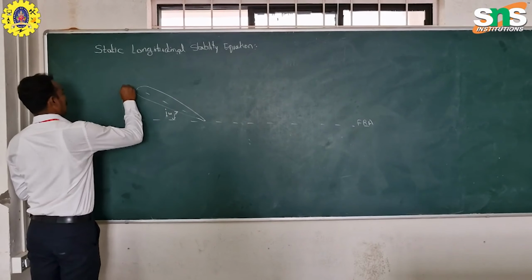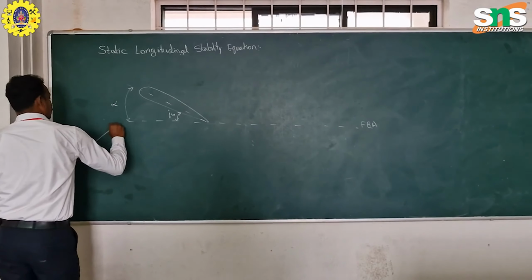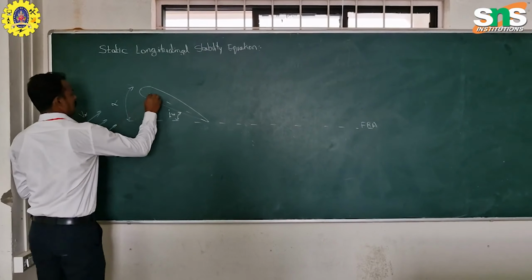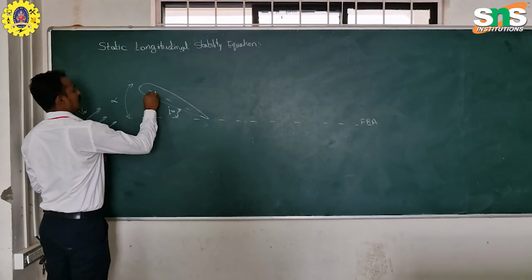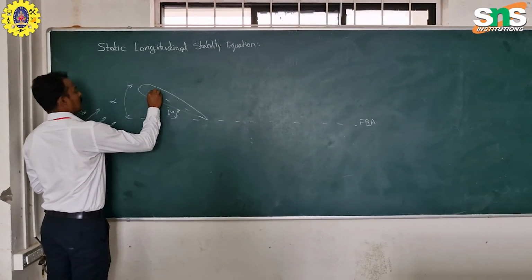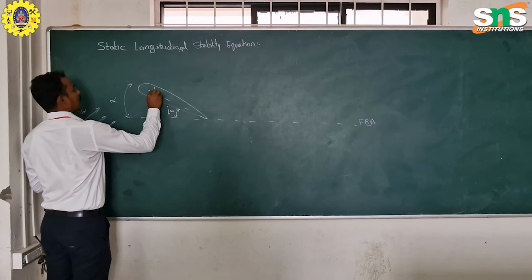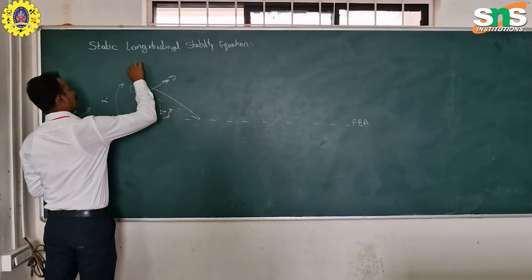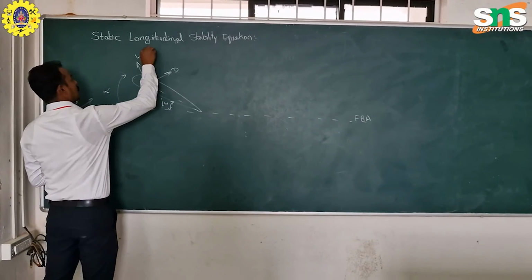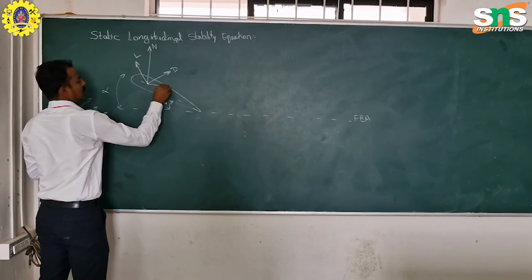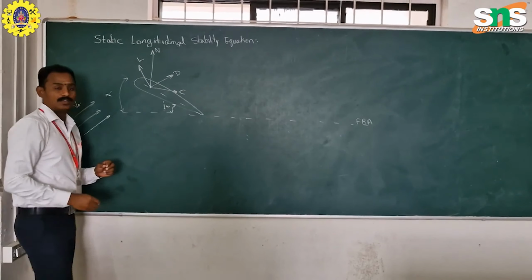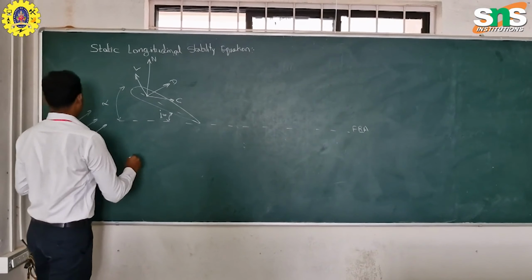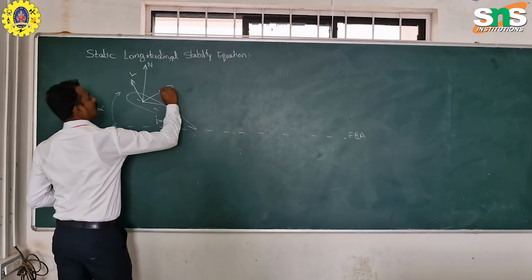We have the angle of attack alpha with respect to the free stream velocity. It passes through the aerodynamic center and produces lift and drag. Again we take the normal force and chordwise force of the wing.